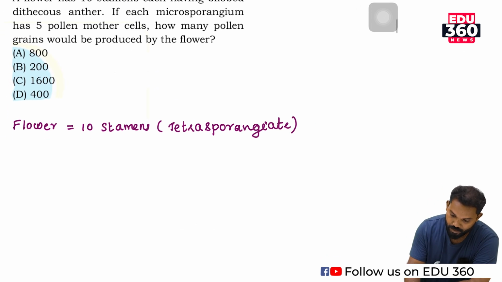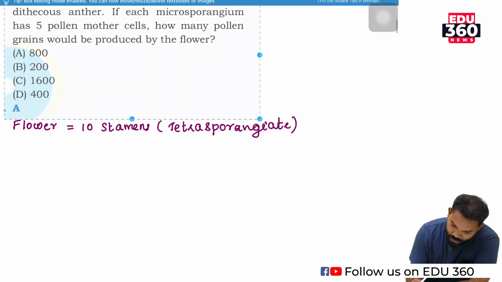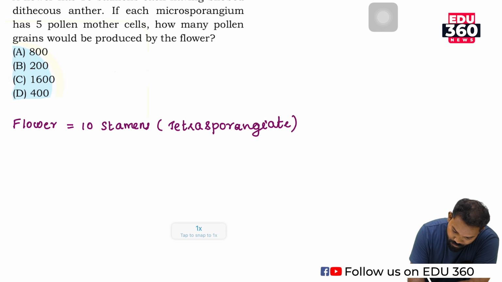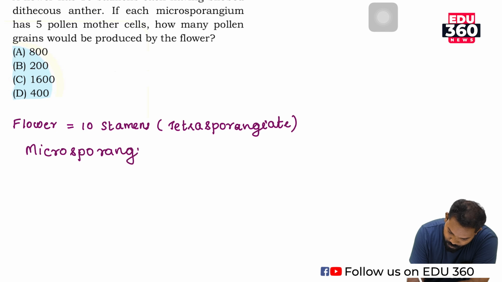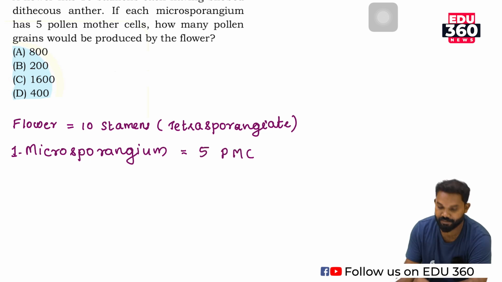And each microsporangium contains 5 pollen mother cells.